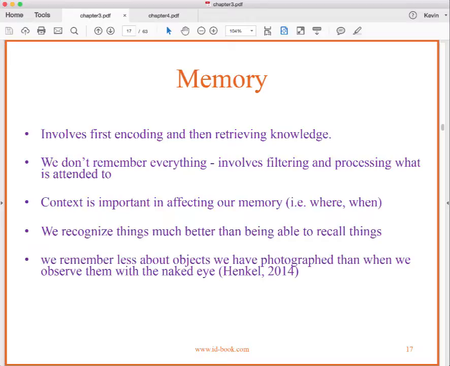It's a common experience for people to say, "I know that face, but I can't figure out who that is." So memory appears to have a contextual element to it. We seem to be able to recognize things better than we can recall them, and by recalling we mean being able to say what their name is and what their relationship is to other things in the world. So again, we might say, I recognize that person, but I don't know where I know them from.